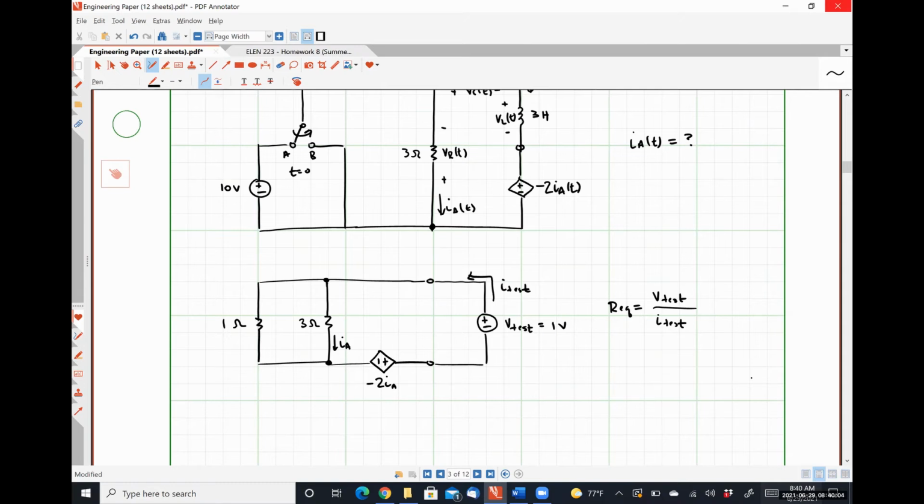Nodal, okay? So mesh or nodal, both of those are perfectly applicable. I'm going to choose to use mesh analysis. The reason being is that I'm looking for a current, so I'm going to use the method that solves for currents.